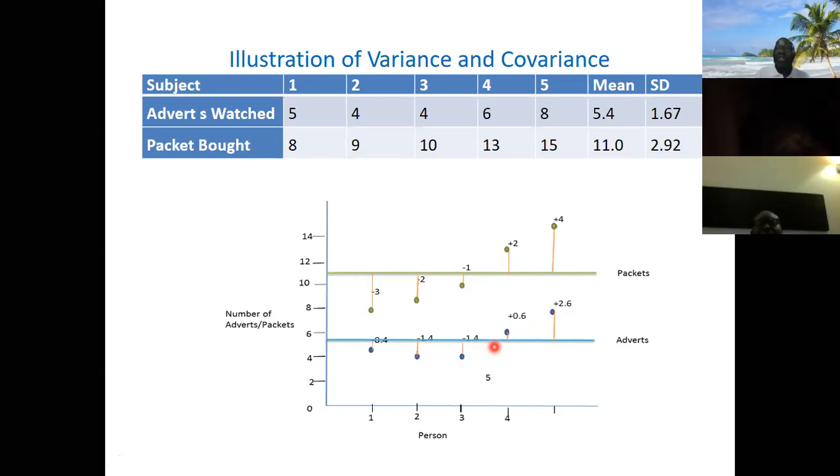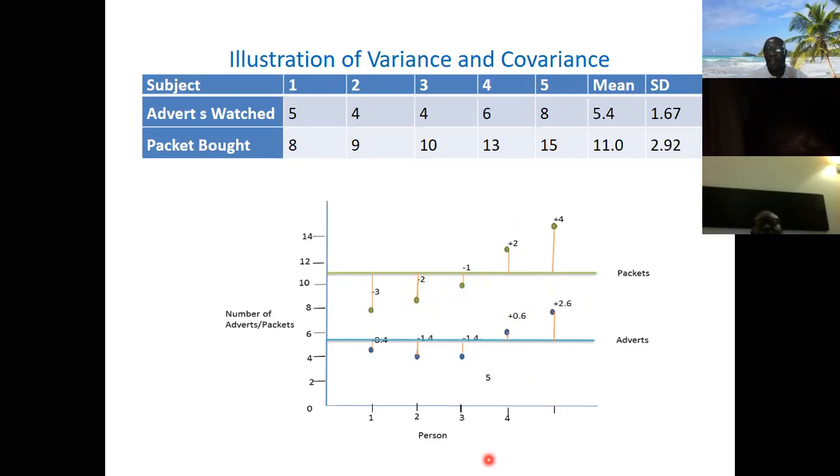If it were the opposite, if as the number of advert watch increases the number of packets bought decreases, then these first 3 that are below the mean would have corresponding packets bought that are above the mean. And the ones above the mean would have corresponding packets bought below the mean.